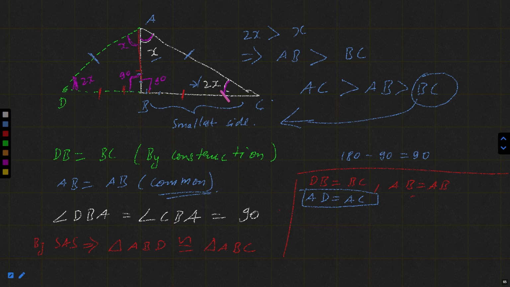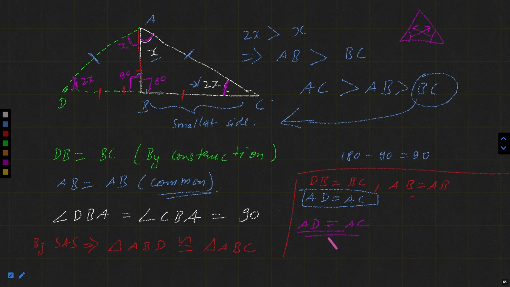Then the sides opposite to two equal angles must also be equal. If you recall, if in a triangle I have two angles which are both equal, then their opposite sides must also be equal. So this means AD is equal to AC, which I already know.